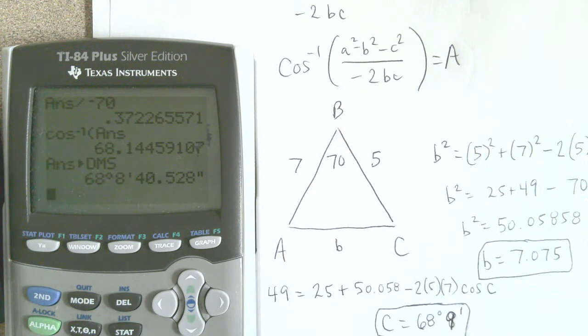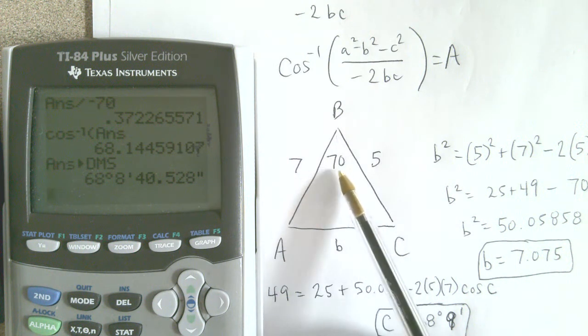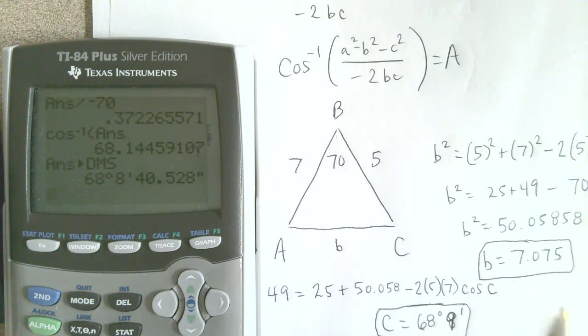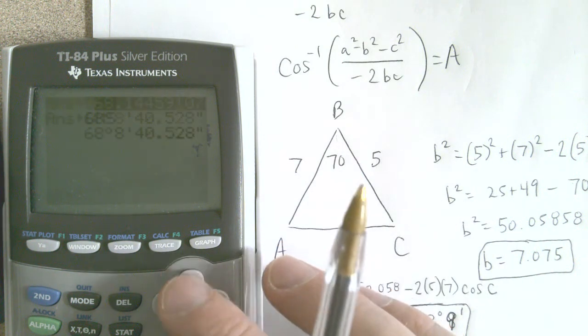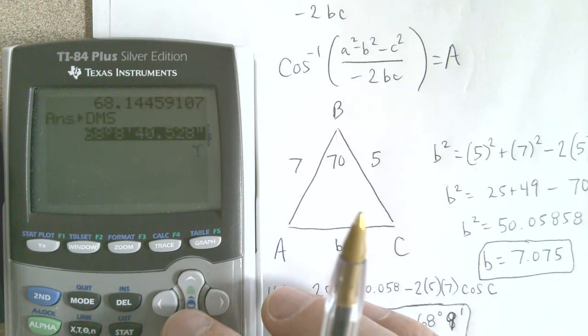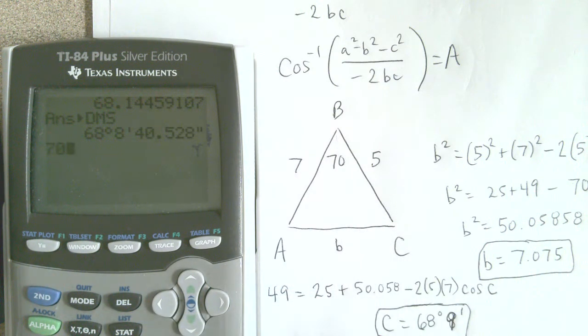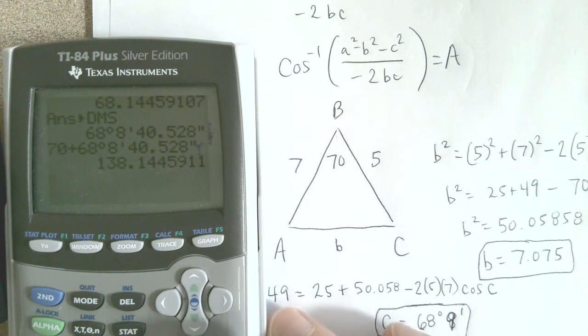And then to find angle A, I can just do 70 plus the 68.9, which I already have in there. So 70 plus that is 138, and I do 180 minus that.